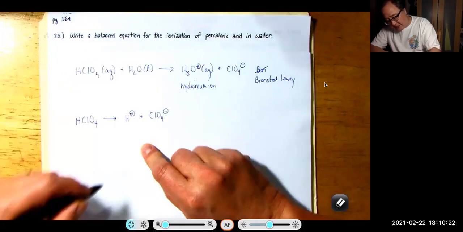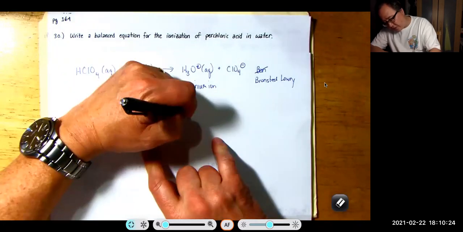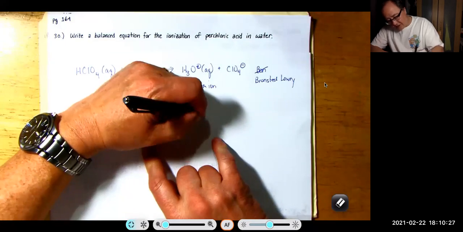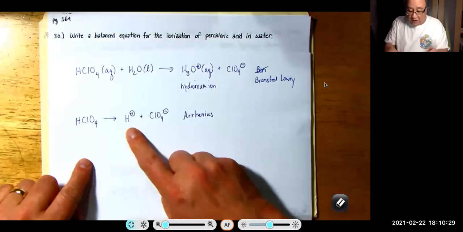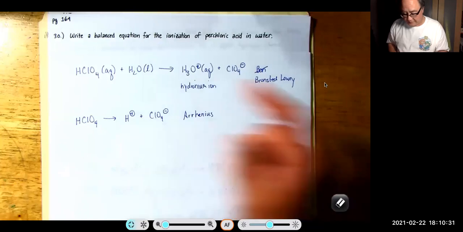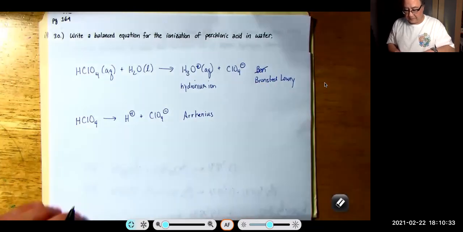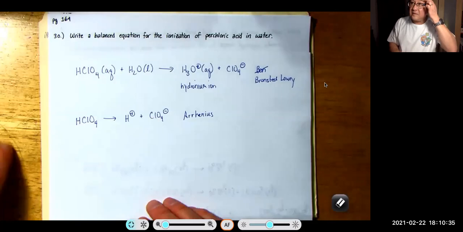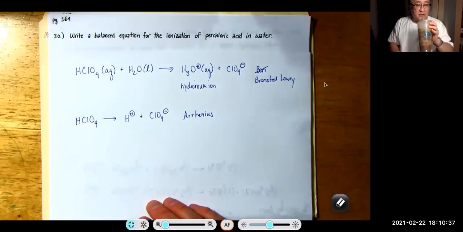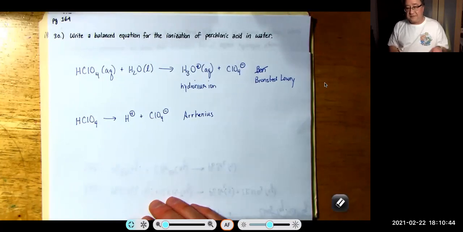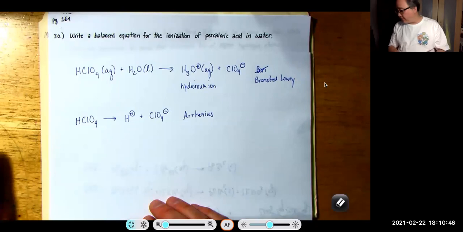This is the Arrhenius way of doing it, where for an Arrhenius acid, we say it makes protons in water. Any questions on that one? Okay, we're going to move forward then.